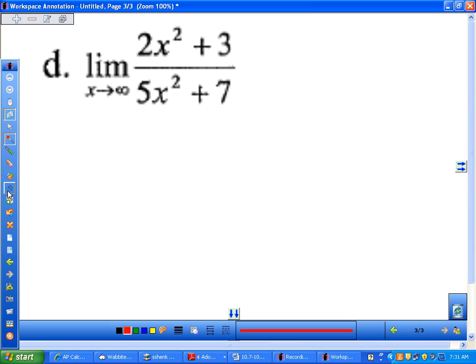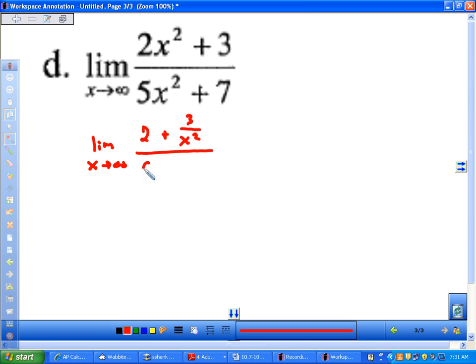Yeah, x squared. We're going to divide everything by x squared, the highest power of x from the denominator. So this is going to turn into the limit as x approaches infinity of 2 plus 3 over x squared over 5 plus 7 over x squared.